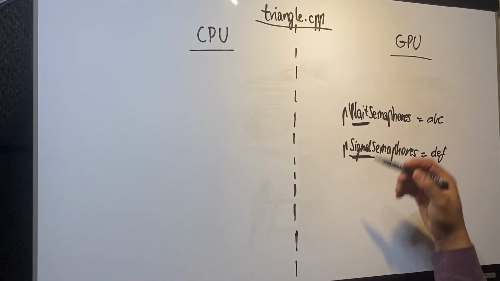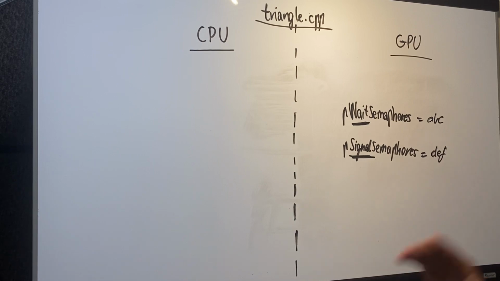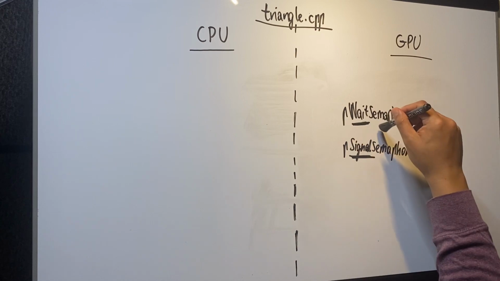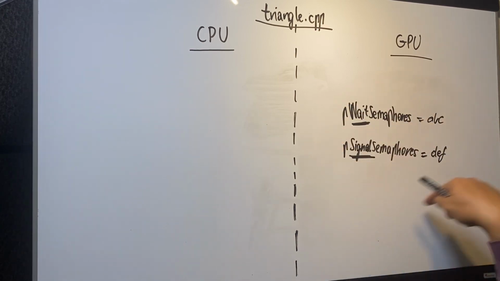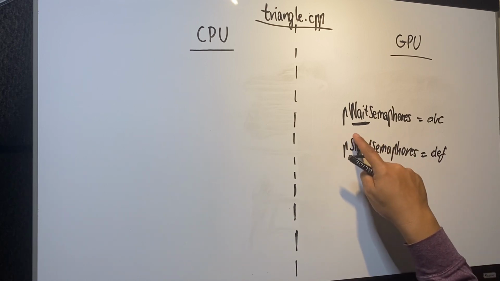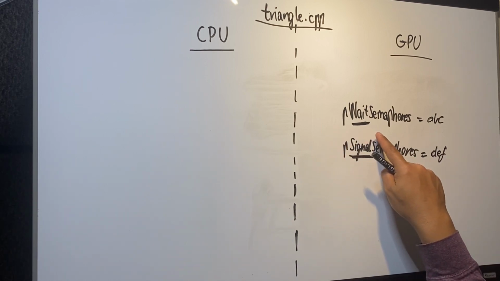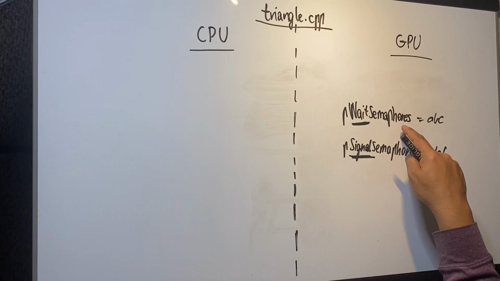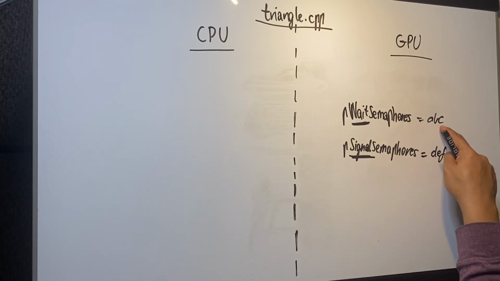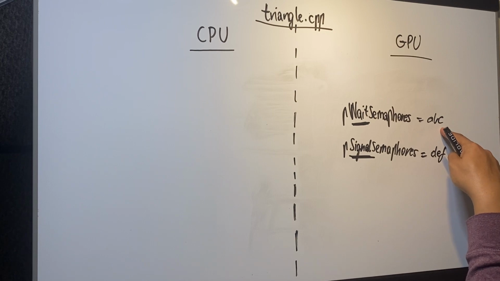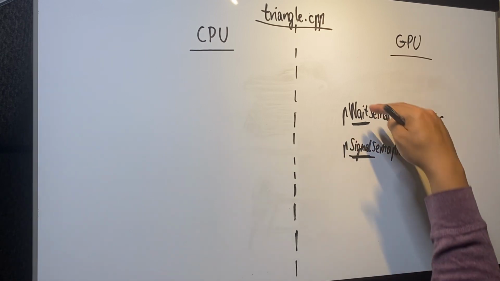So notice that if you have two processes, let's say process 1 and process 2, in process 1 we might say, hey, process 1, you cannot start again until semaphore ABC has been signaled, which means it has been completed, right? So process 1 is just going to stay here.